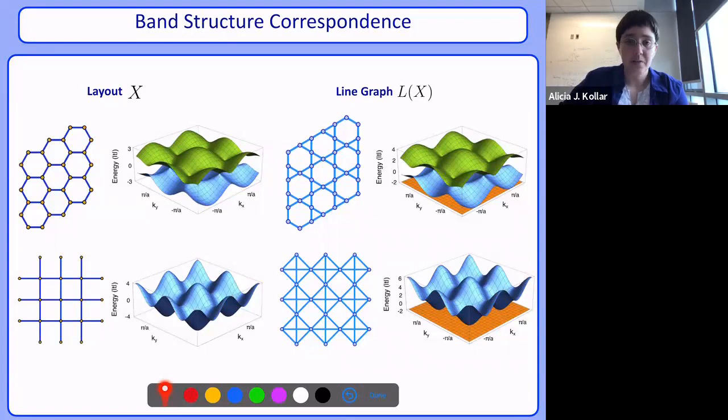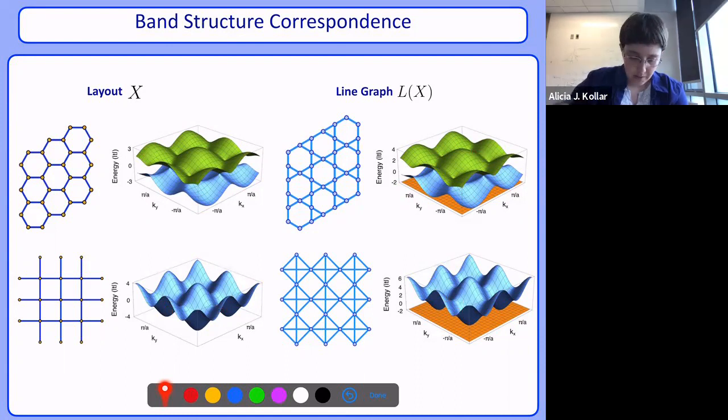I've drawn these with a very suggestive color scale to try to highlight the pattern that's going on here. Both of the line graphs have a flat band at -2 shown in orange. And if you look, these dispersion surfaces appear to be exact copies of the dispersion surfaces of the original underlying graph.